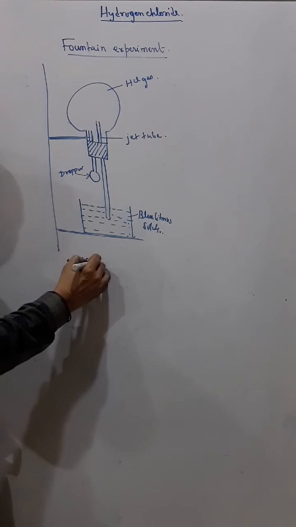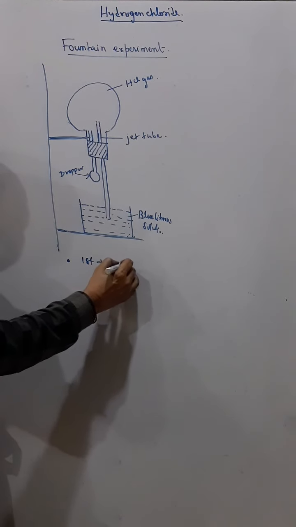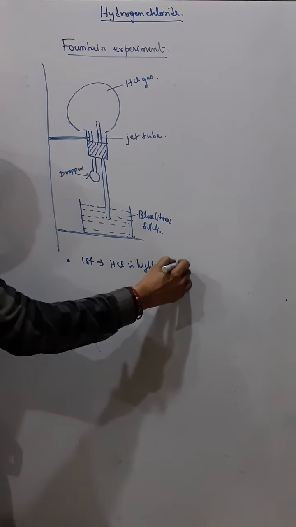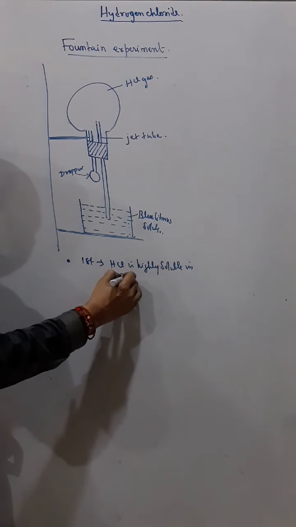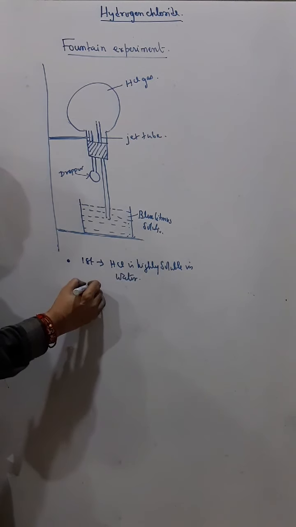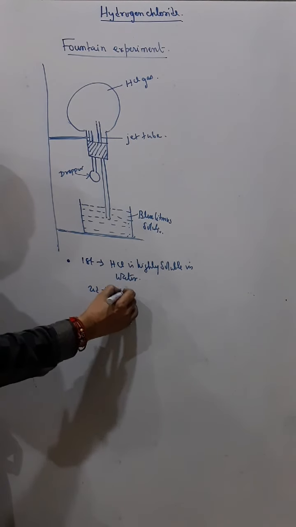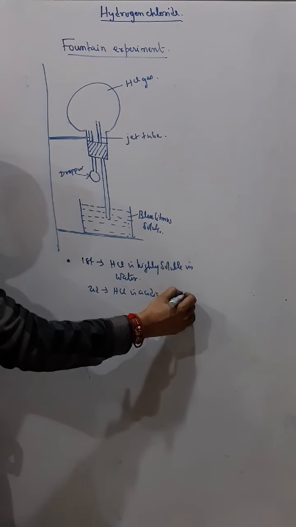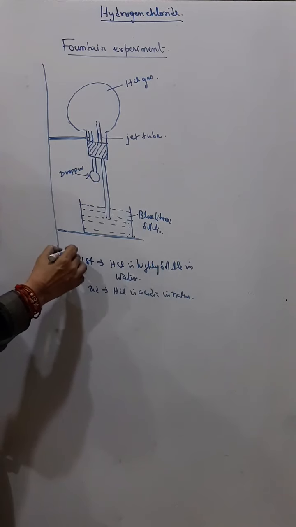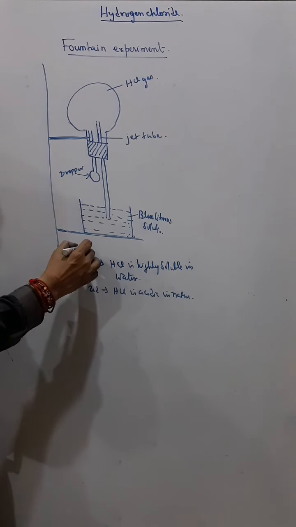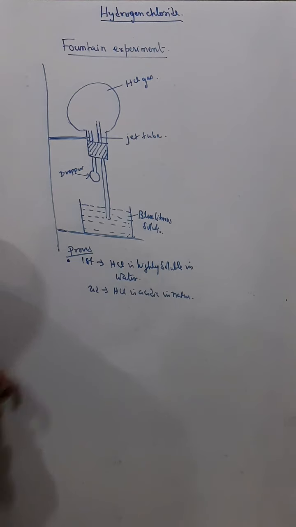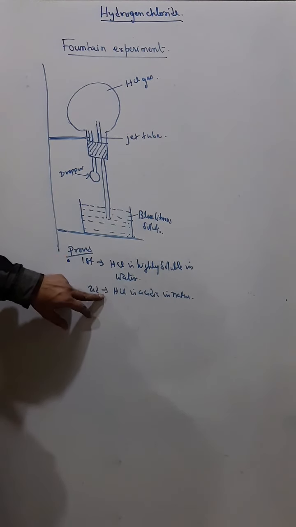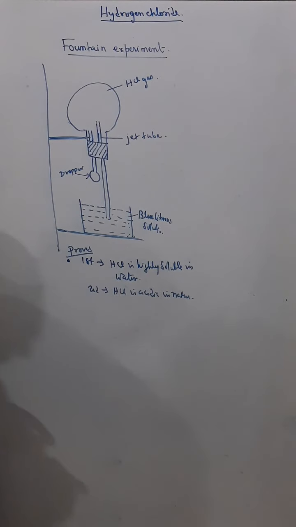The first is that HCl is highly soluble in water, and the second is that HCl is acidic in nature. So this fountain experiment proves these two properties.